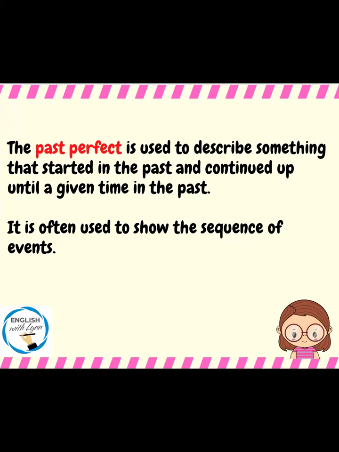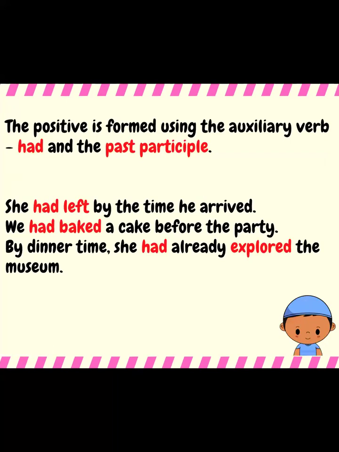So let's look at the positive form first of all. With this particular tense, the perfect tense, it is the auxiliary verb that is telling us that things are happening in the past. So had is our auxiliary verb, and to make the perfect tense, you would have had plus your past participle.